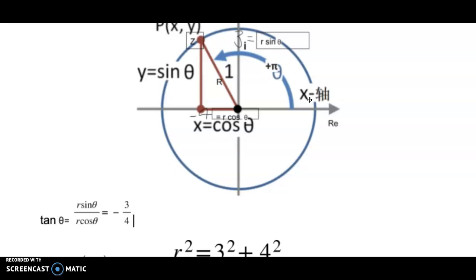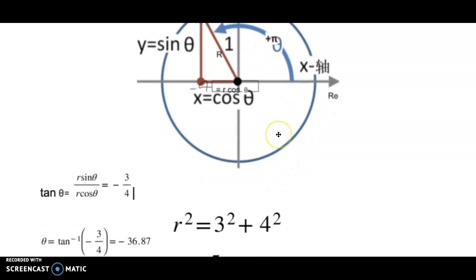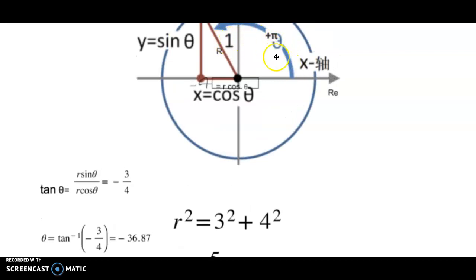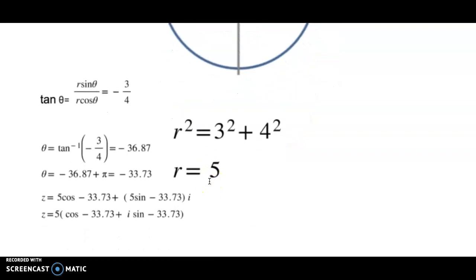We have to add pi in order to find this angle right here. As I did here, I plugged it into a calculator, and as you plug in negative 36.87 plus pi, you'll get negative 33.73. When you punch it into a calculator, it will be a longer form, so you could just round it to the nearest hundredth.